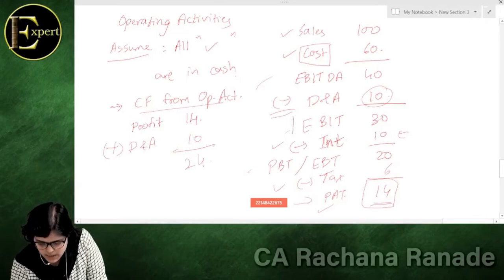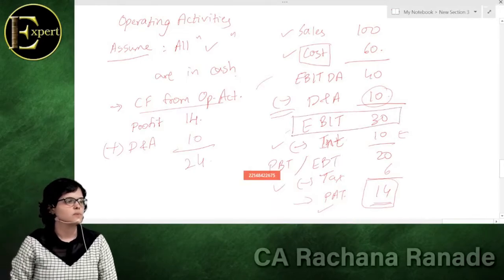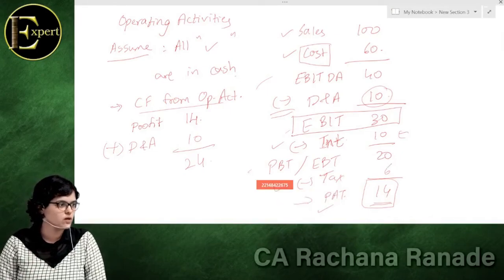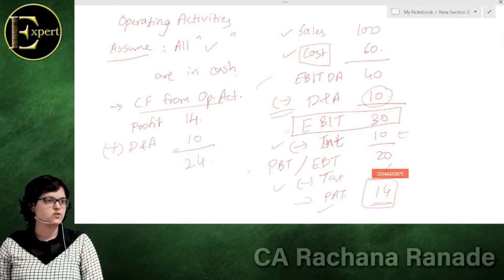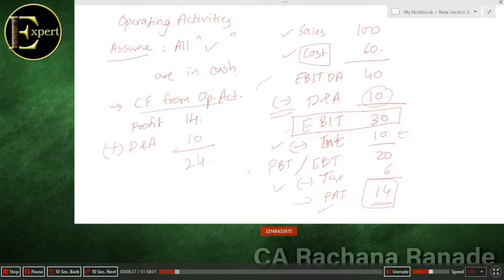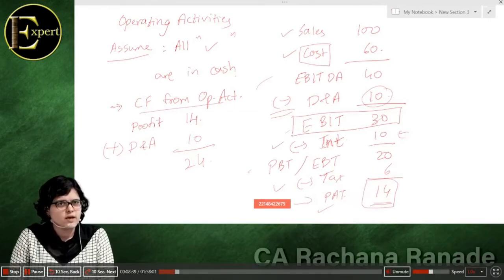One more very important point. This EBIT, rupees 30. EBIT is also known as operating profit. You can write it down somewhere. EBIT is also known as operating profit. Is this okay?